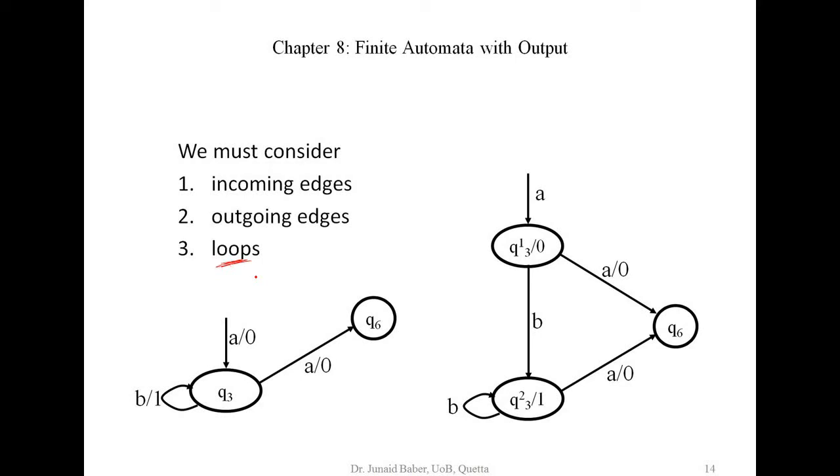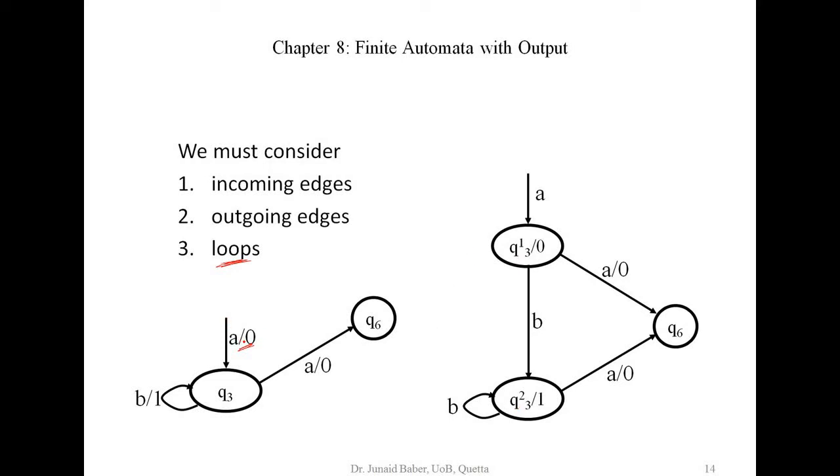Loops are basically a category of incoming edges, like I just gave you an example. So for example, consider a case A1 giving output 0, B is giving output 1. Again, Q3 will be divided into two states, Q31 and Q32.